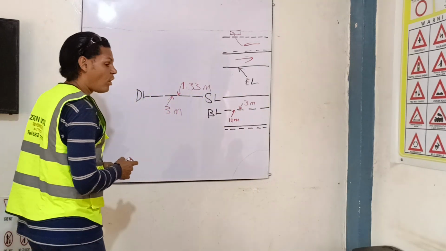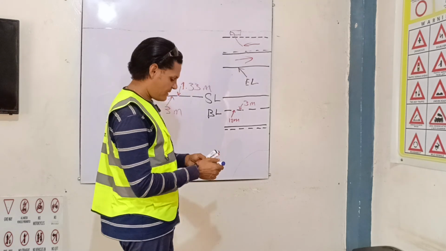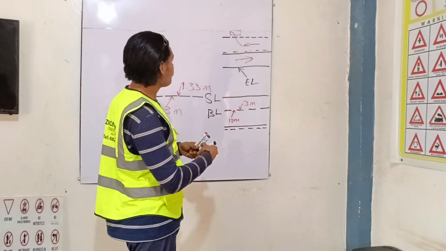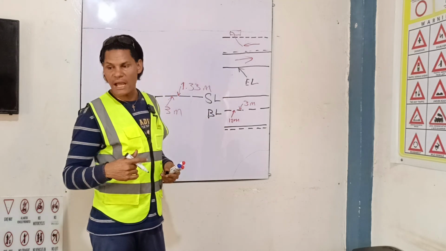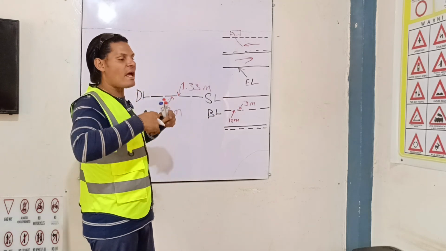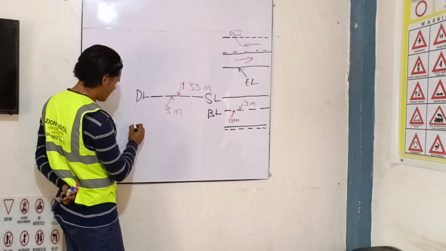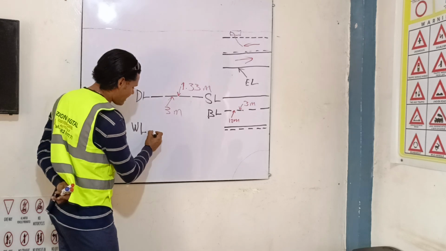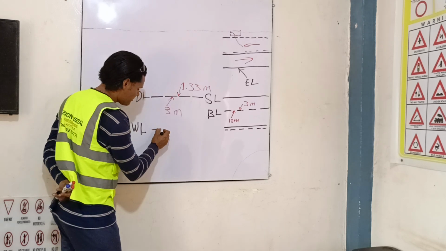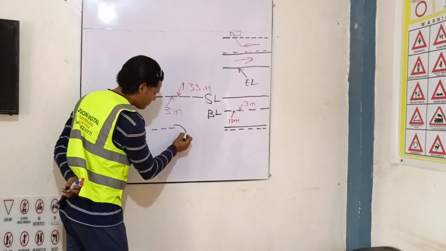A warning line is made up of two things: directional arrows and a broken line. The two joined now make the warning line, WL.